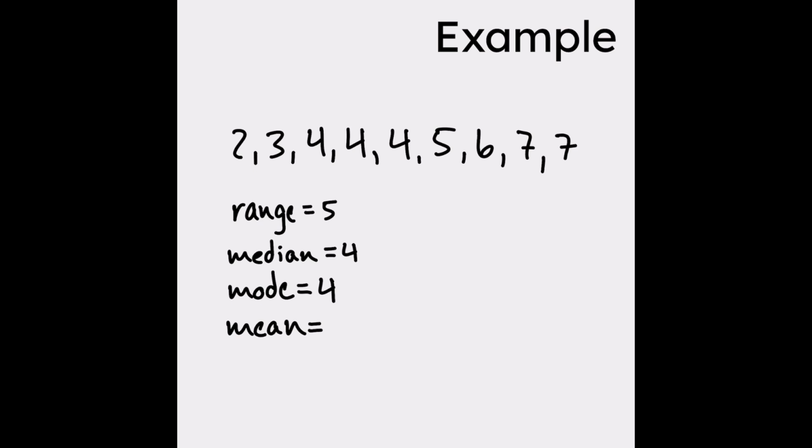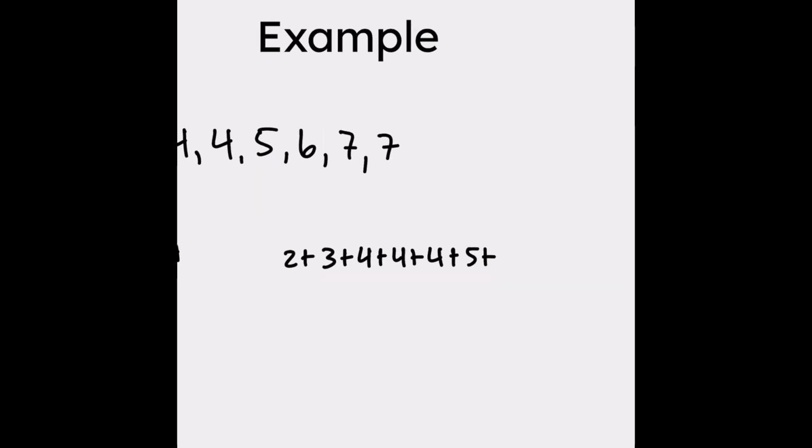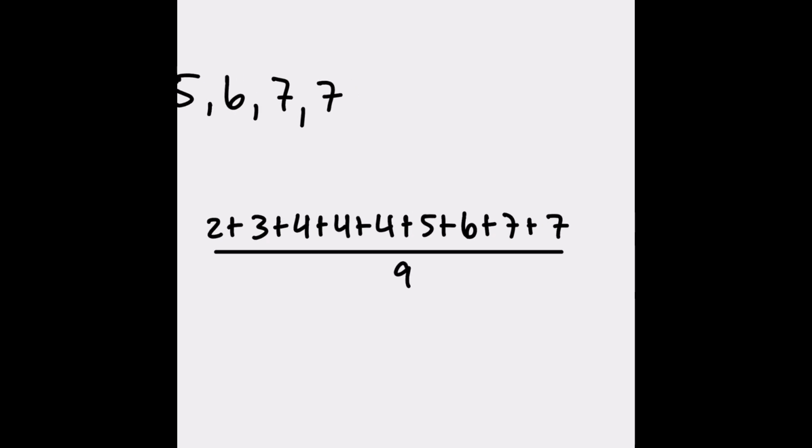Okay, let's calculate the mean, and what we're going to do to do that is just 2 plus 3 plus 4 plus 4 plus 4 plus 5 plus 6 plus 7 plus 7. Okay, so we can see that we have 1, 2, 3, 4, 5, 6, 7, 8, 9 values. So I'm going to divide this by 9.